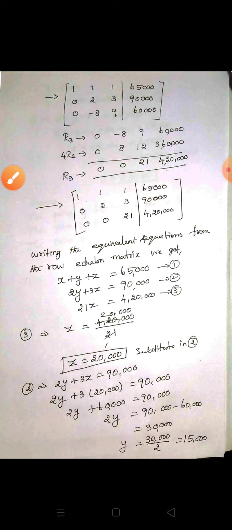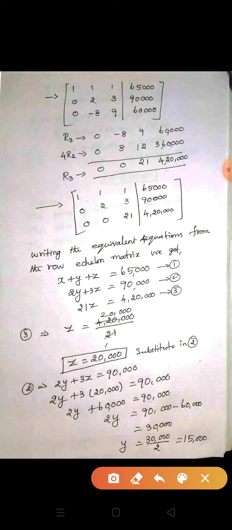Now writing the equivalent equations from the row echelon matrix, we get first equation x plus y plus z is equal to 65,000. Second, there is no x term, so 2y plus 3z is equal to 90,000.